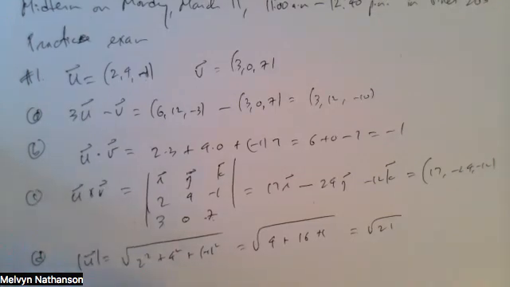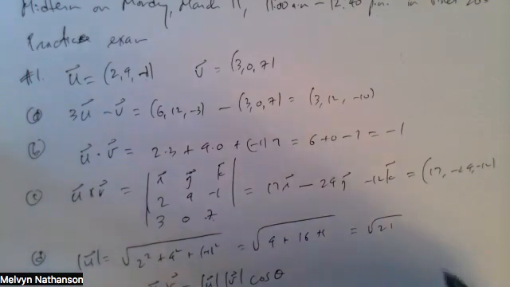What's the cosine of the angle between U and V? So the cosine of that angle, let me just call it theta, is the dot product. Actually, let's just recall. The dot product is the length of U, the length of V, times the cosine of the angle between them.